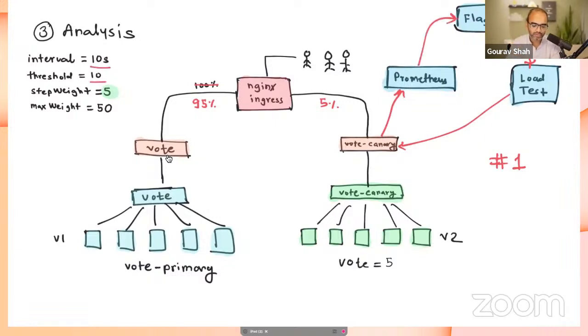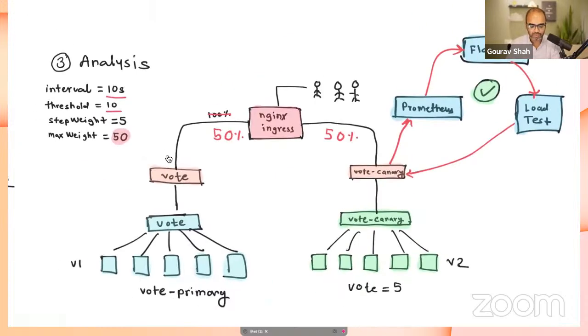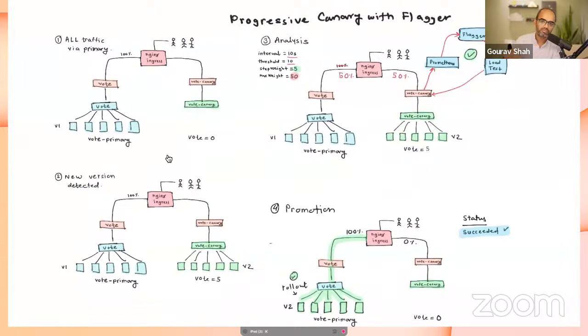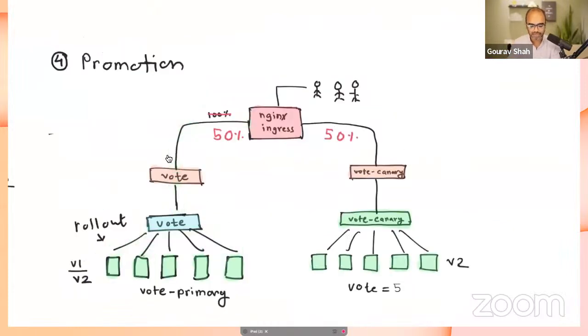Then 5% traffic goes here, and then you wait, analyze, and then increment by 10% and 15%. So this is incrementing, and this is decreasing. You get to the point where you've run multiple steps and say, okay, now everything looks good, let's switch over. That's when you switch over, and in this case it's done in a slightly different way.